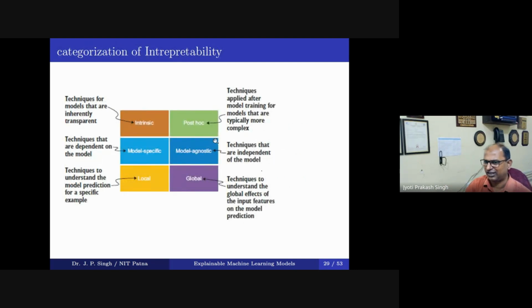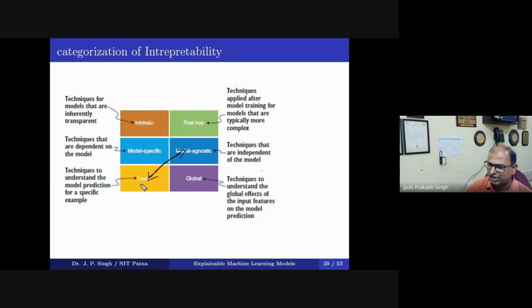So in a diagram, we see that it can be intrinsic versus post hoc, model specific versus model agnostic, local versus global. In my talk, in the next half an hour, I will be going through techniques which are local and model agnostic, because this is the most interesting part.